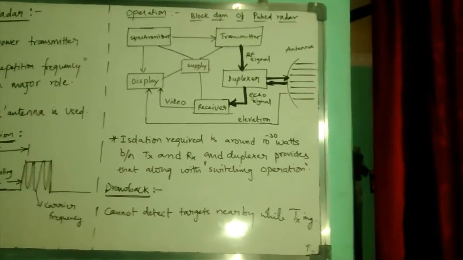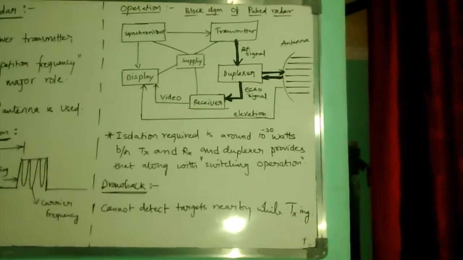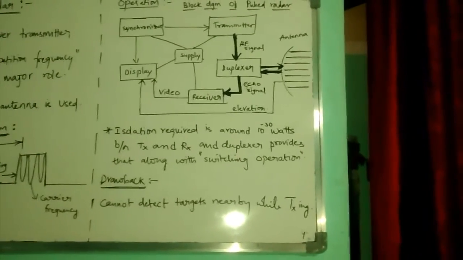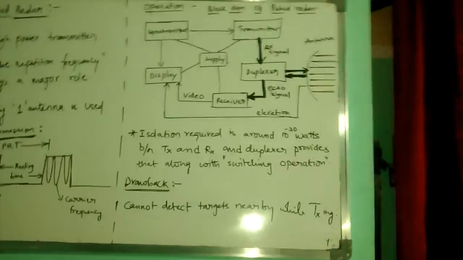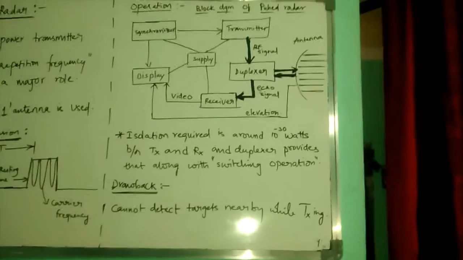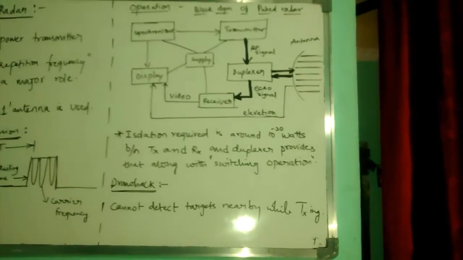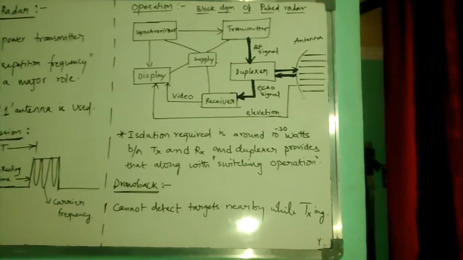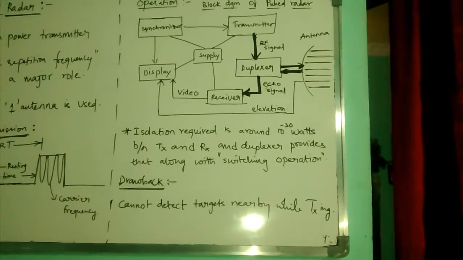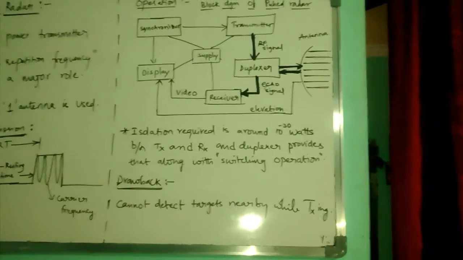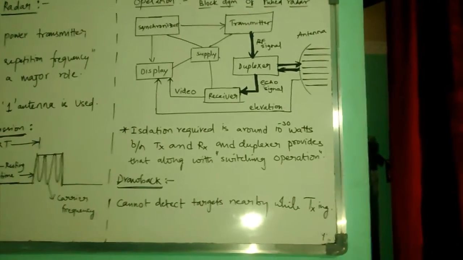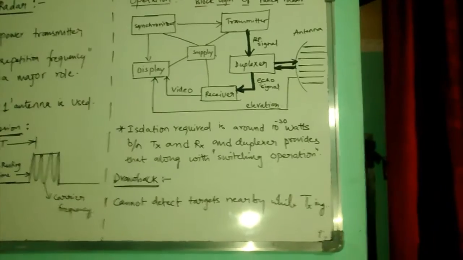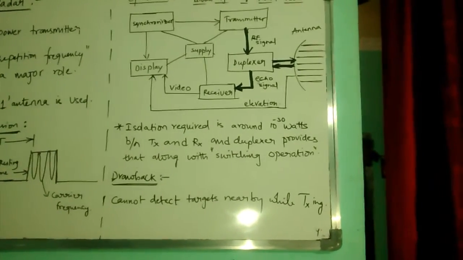So what does it do? Simply, the duplexer acts as a switching unit, and it also provides some isolation. How does it act as a switching unit? Whenever we are transmitting the pulse, the duplexer blocks the receiver, or does not allow the receiver to participate, and sends the transmitting pulse directly to the antenna, making the receiver off.